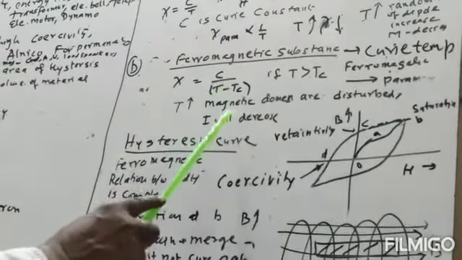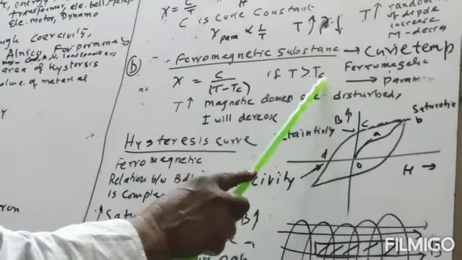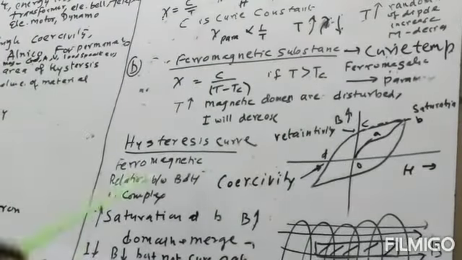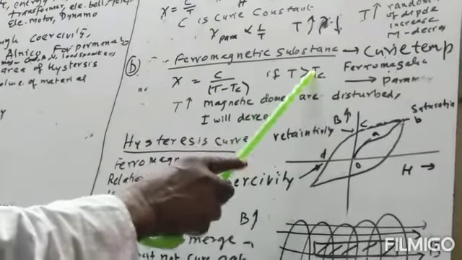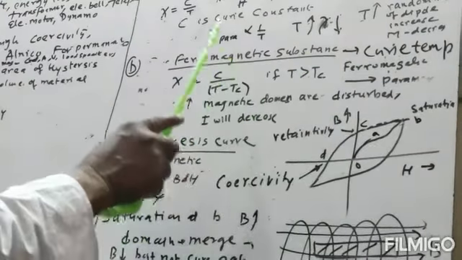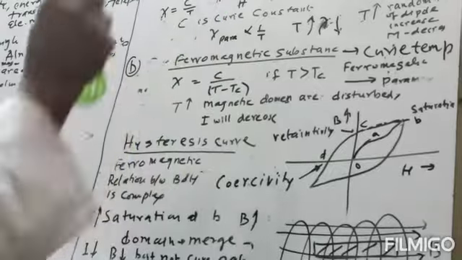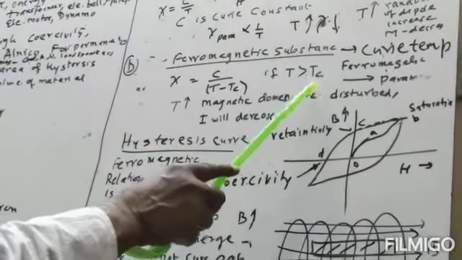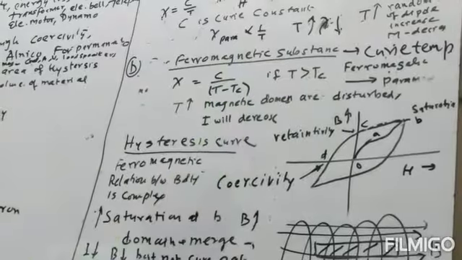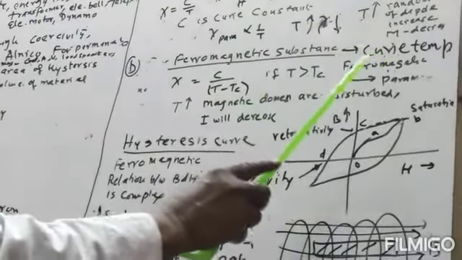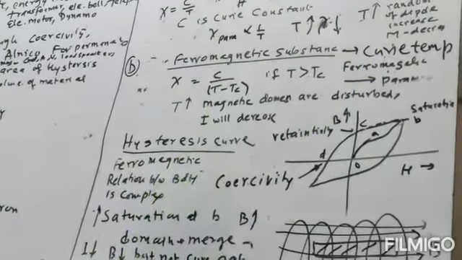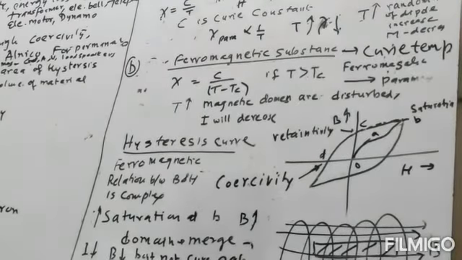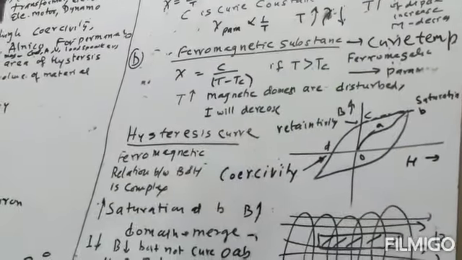When the temperature is equal to the Curie temperature Tc, at that condition the ferromagnetic substance will be converted into paramagnetic substance.